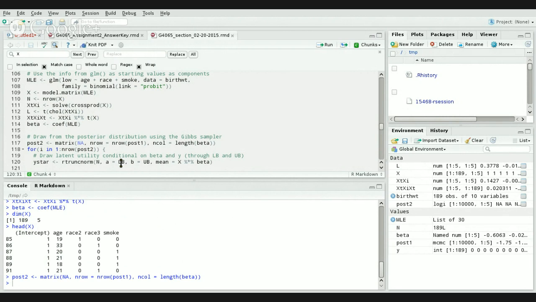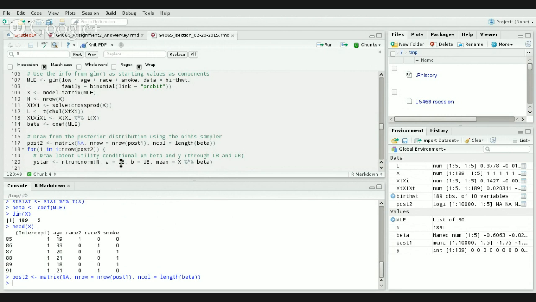For others, they're going to have an upper bound of 0. So we specified our bounds there. But for each person, if it were untruncated, the expectation would be x beta. The truncated mean is actually going to be different from that. In any event, the location parameter for the truncated normal distribution is going to be equal to x beta.